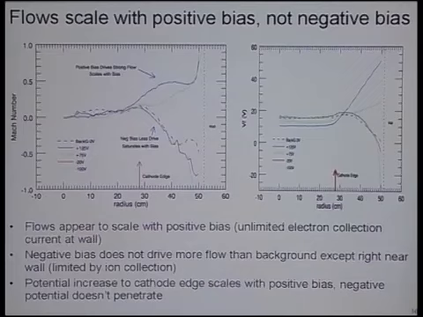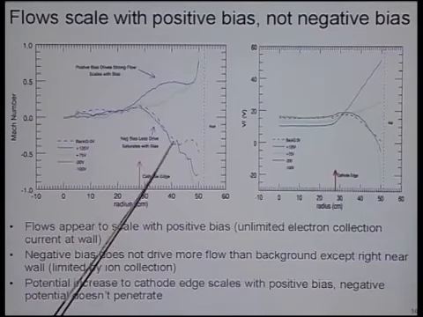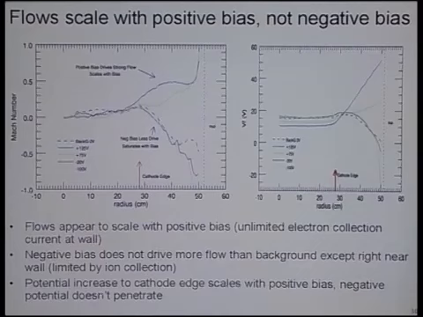At least for most of the gradient region, it's just the same as the background case. You do get a little bit more flow on the edge, but other than that, positively biasing is really the only thing that we can do to control the shearing that we have.